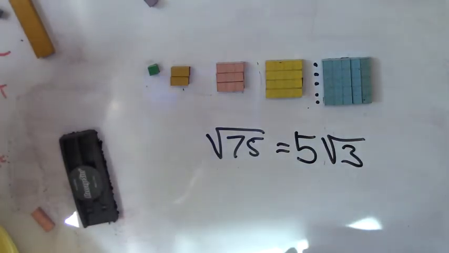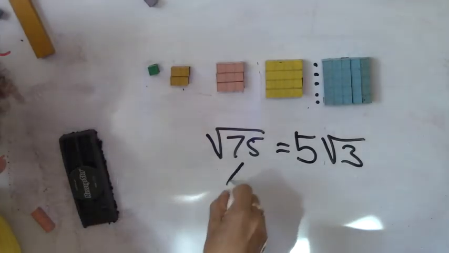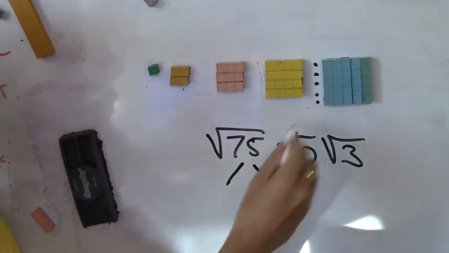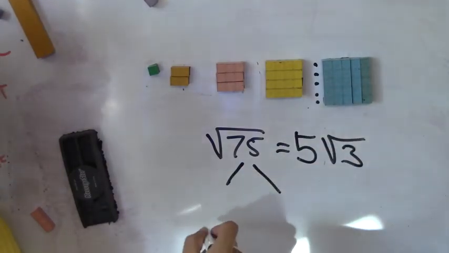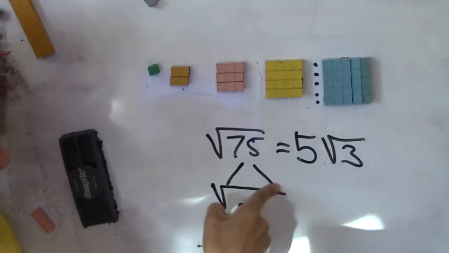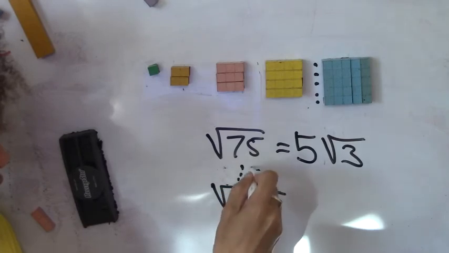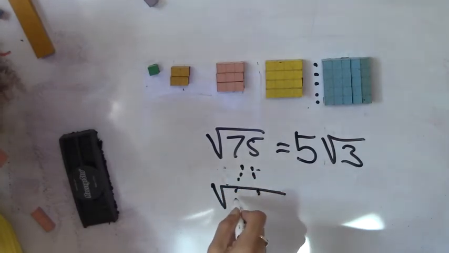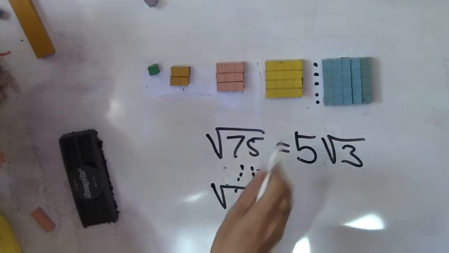And here's how they're going to teach it to you in school. You got to make a square number because we're talking about squares. Underneath this radical, as we call it, we're going to have 2 things: 3 and 25.